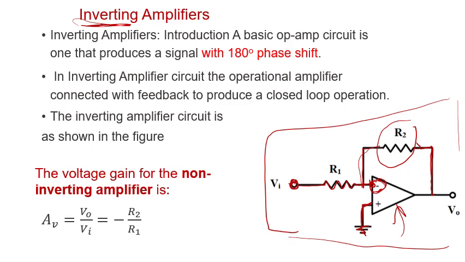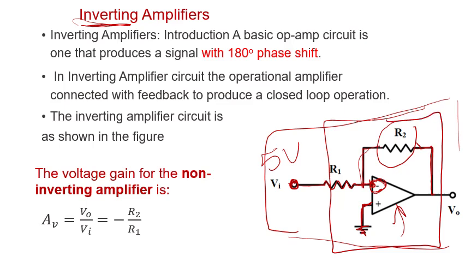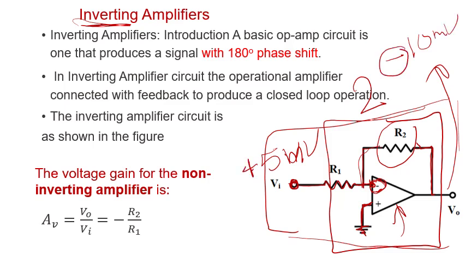For example, if the input is 5 millivolt and the gain of the whole device is, let's say, 2, what is the output? The output will be minus 2 times 5, which means minus 10 millivolt. So when the input is positive, the output is negative. That's what we mean by inverting amplifier.